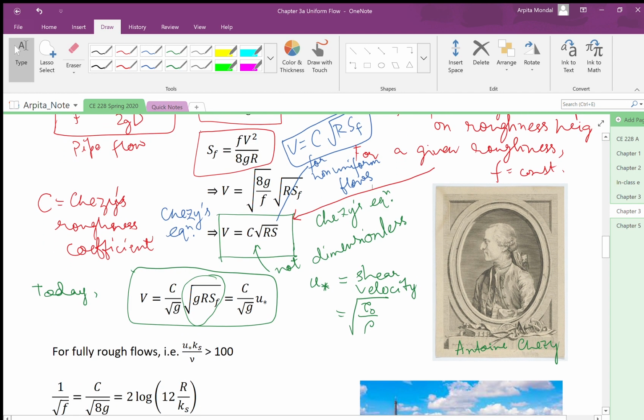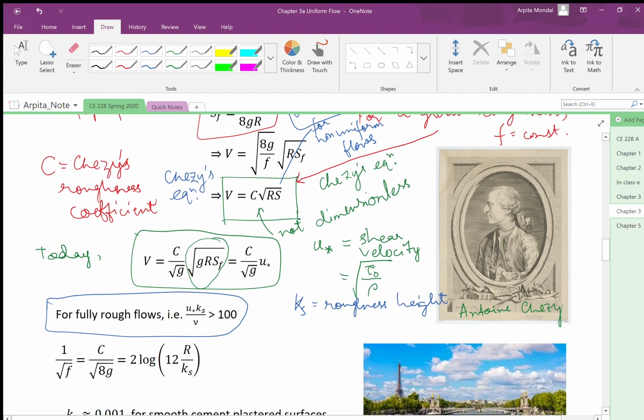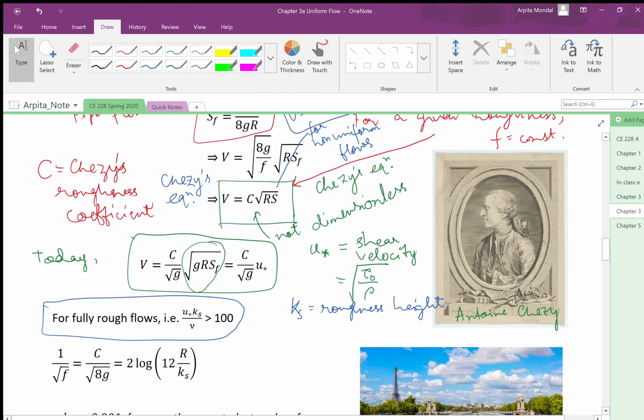So when you have fully rough flows, that is the shear velocity times the roughness height, Ks is the roughness height, divided by the kinematic viscosity, when it is larger than 100, then the flow behaves to be fully rough, and we see again an empirical relationship that relates friction factor with the roughness height.